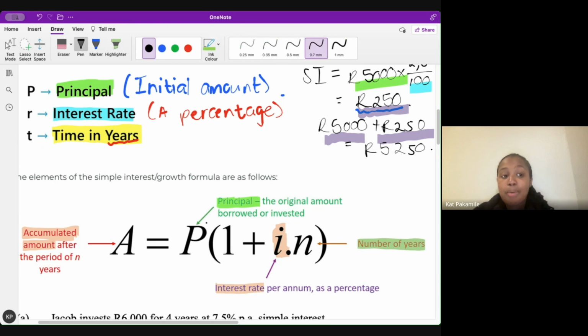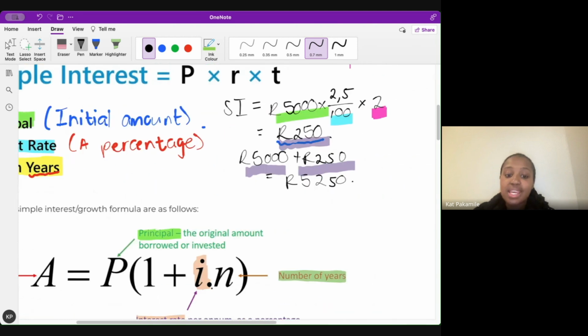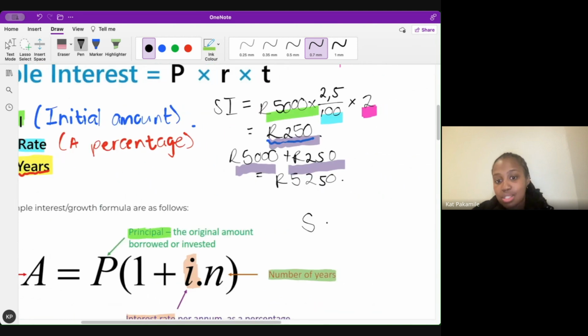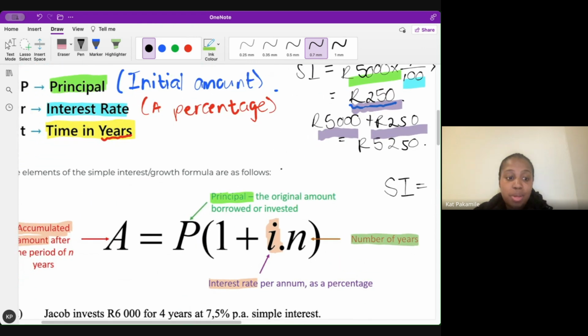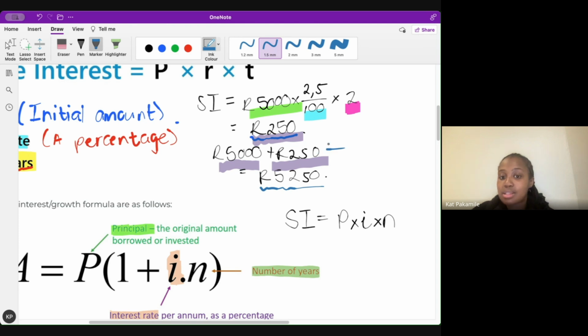It is actually possible to rewrite the simple interest formula using these variables. So you can say simple interest is equal to principal times interest rate as I times number of years as N. Now, if you plug in all of your information in this, it will take you straight to the final answer, which is this one, 5,250, without having this extra step of adding.